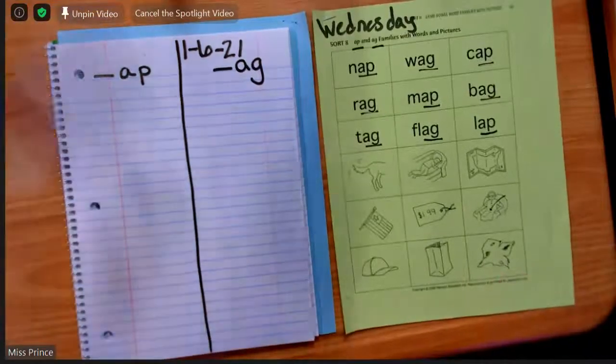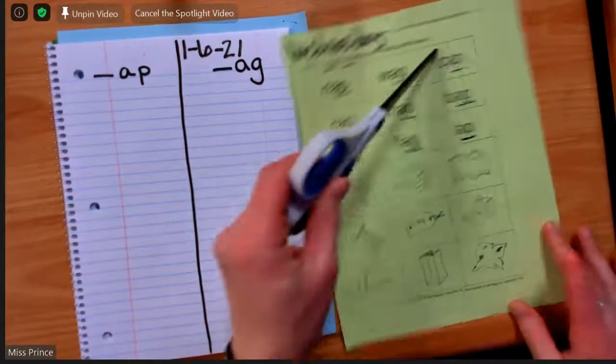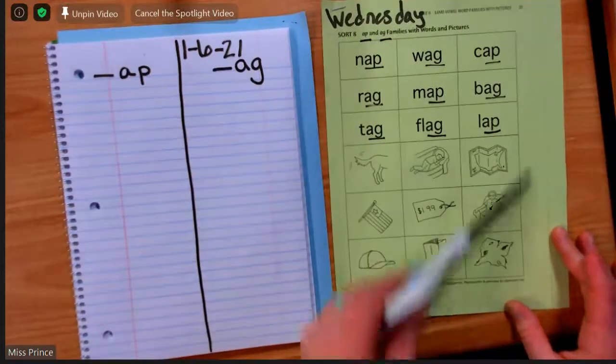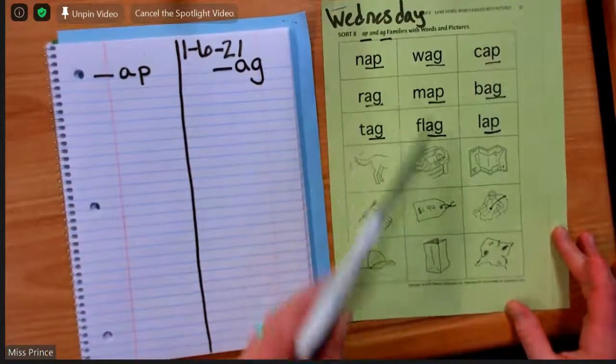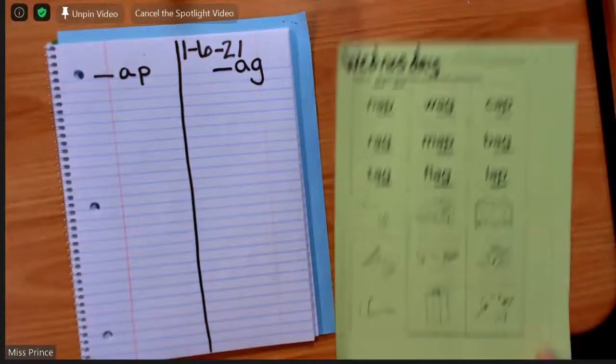All right, friends, we're ready to cut it out. So go ahead and cut all the way around and then make a pile of words and a pile of pictures.